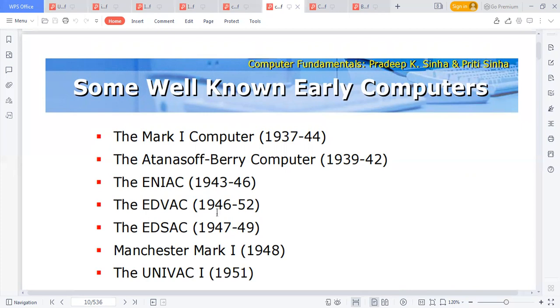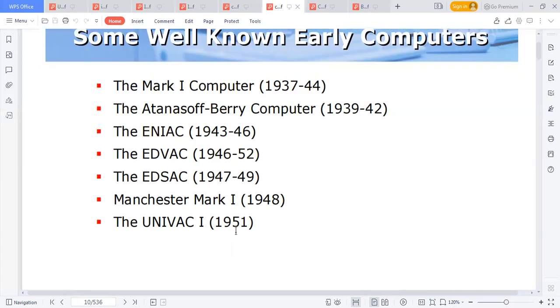The EDVAC, 1946 to 52. The EDSAC, 1947 to 49. The Manchester Mark I, 1948. The UNIVAC I, 1951. This is actually the first historical computer, the UNIVAC I in 1951.